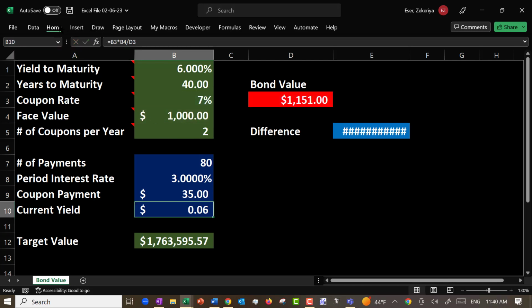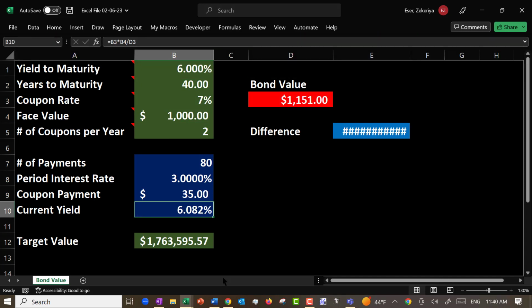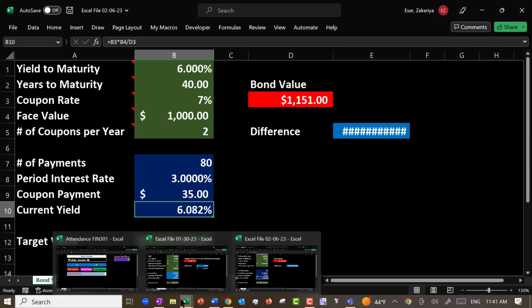The only reason we're interested in current yield, one, it has been a practice, especially during the newspapers days. Newspapers actually put down the current yield. And two, it is conceptually equivalent to the concept of dividend yield in stocks.